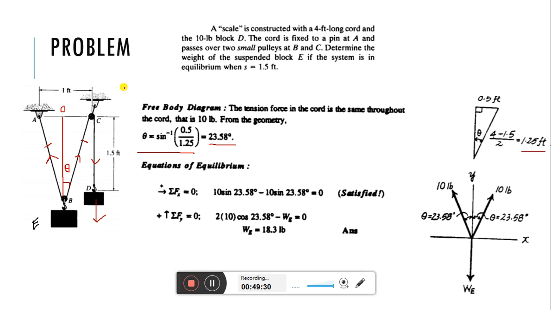Then we went through a scale to measure an unknown force. We constructed a scale in which this length, denoted by variable s, is to be measured. Simply measuring this height s, we can tell the value of the unknown force WE. We can measure the weight in this manner.